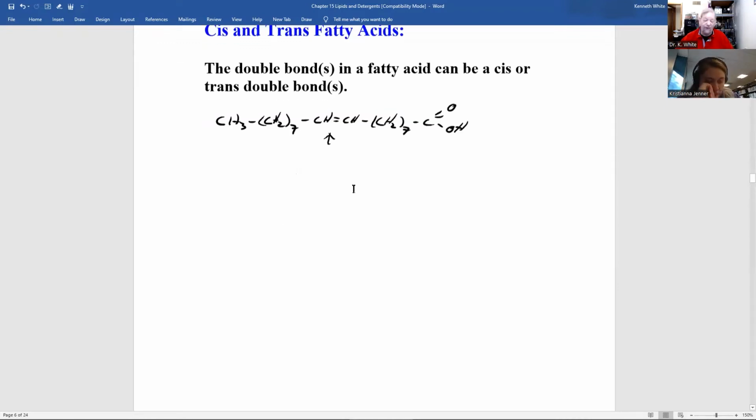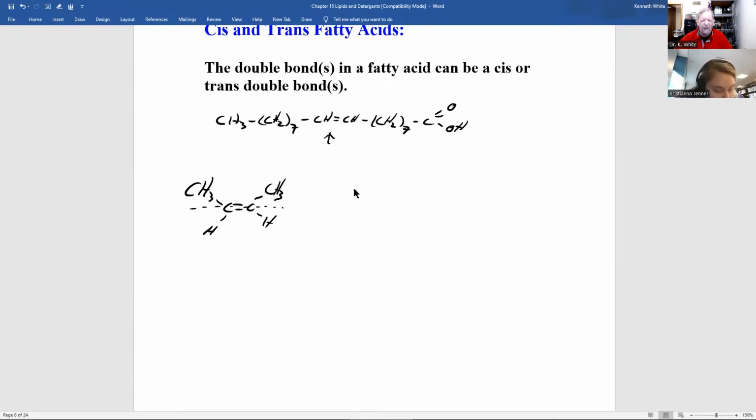And a long time ago, remember when we were talking about the alkene double bond? When you have a double bond, and you had a plane right here, when both hydrogens are on the same side of the plane, that's called cis. And I showed you the example.